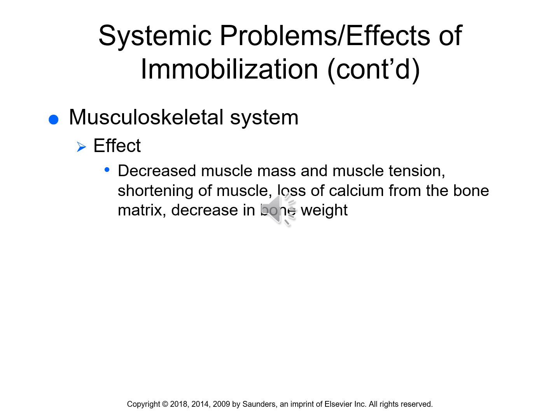Okay, so musculoskeletal issues that can occur in a patient that's immobile. They can have decreased muscle mass and shortening of the muscles, loss of calcium from the bone, decreased bone weight.